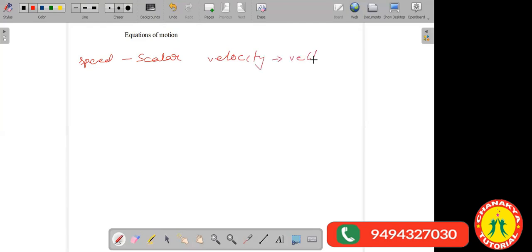Similarly, we have seen acceleration in the last class, that acceleration is given by the formula final velocity V minus U by time. So this was how we represented acceleration.